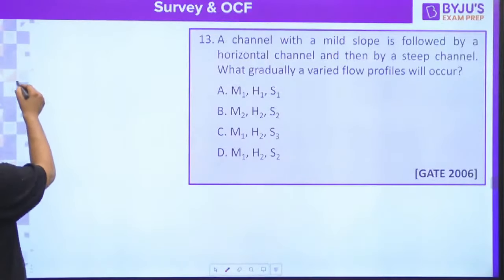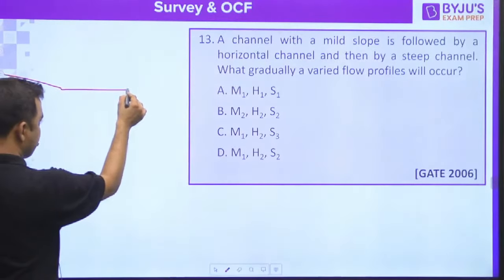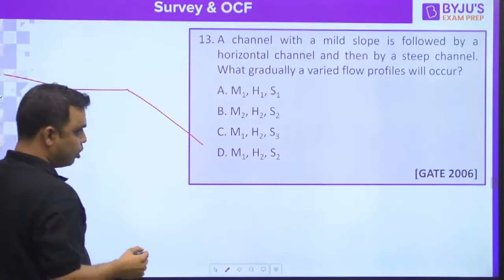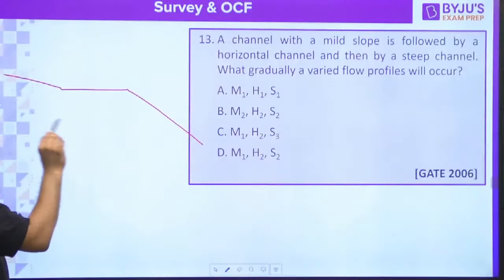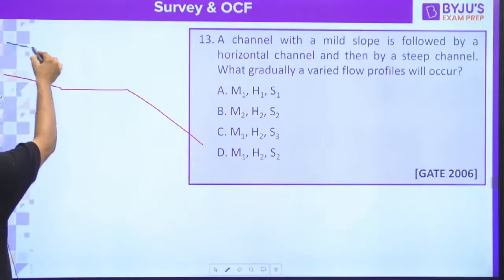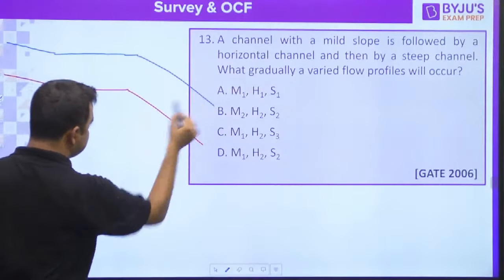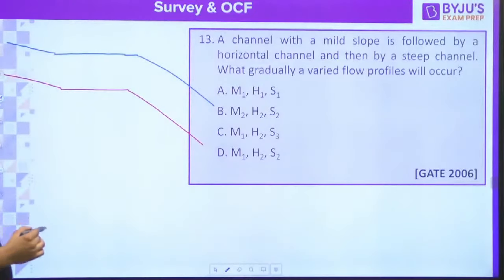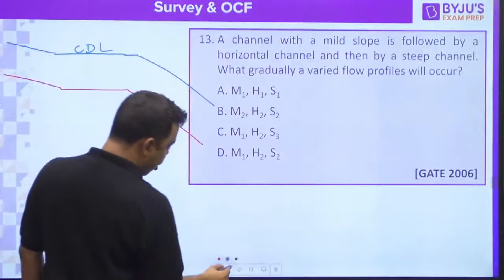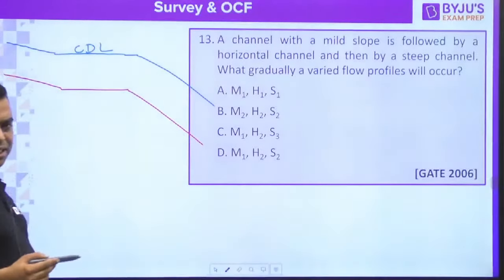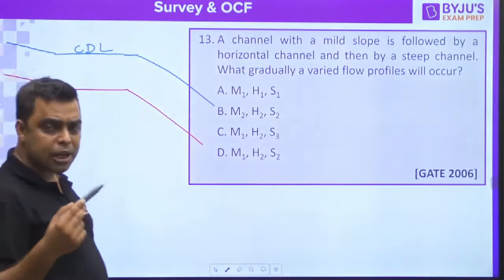At first we have a mild slope, then a horizontal slope, and then a steep slope. We are assuming that the discharge is the same, so my CDL, that is the critical depth of flow yc, will be the same in all three cases. What will be different is the NDL, the normal depth of flow.